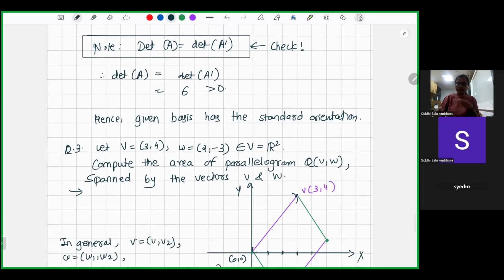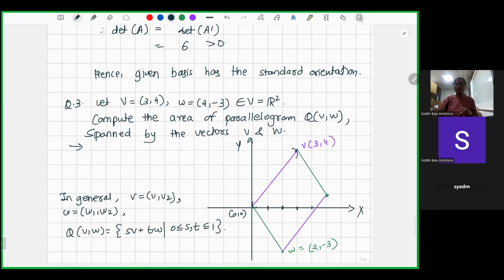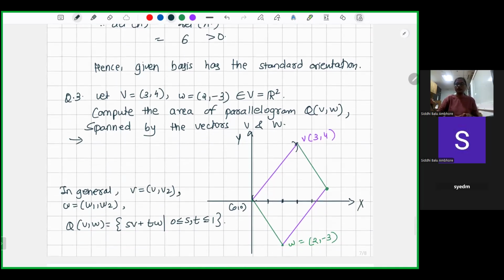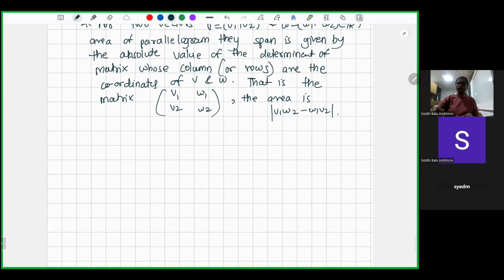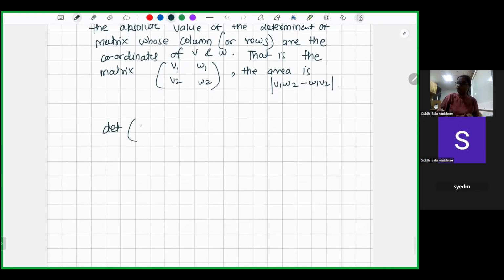So we have to find the determinant of this given matrix, for the area of the parallelogram covered by these two vectors V and W. So it is just the determinant of the matrix having these two as columns. So that is the determinant of 3, 4, 2, minus 3, and that is minus 9 minus 8, that is minus 17.